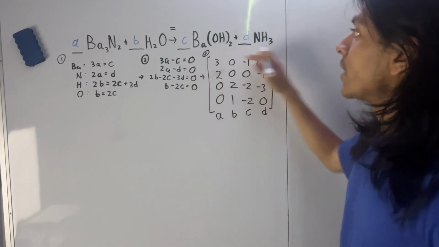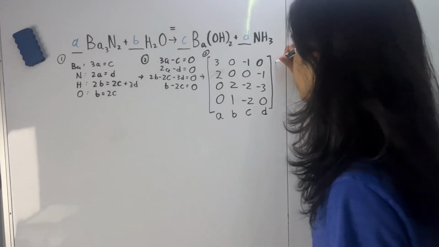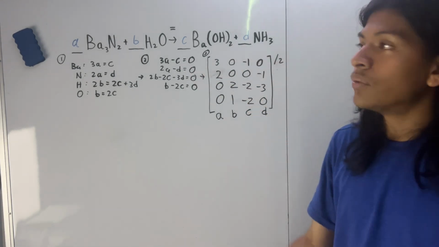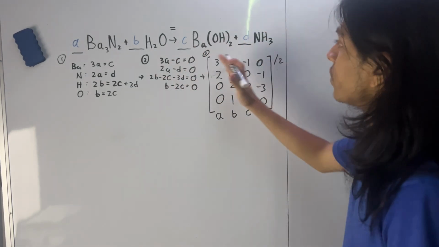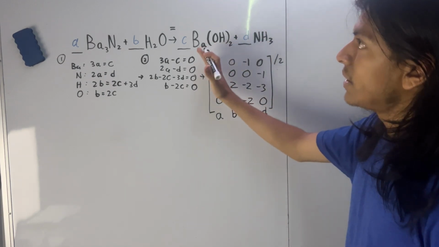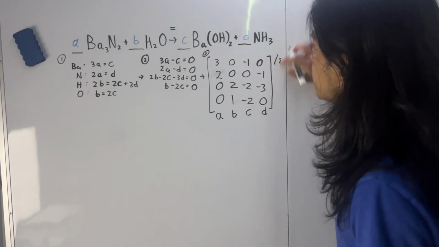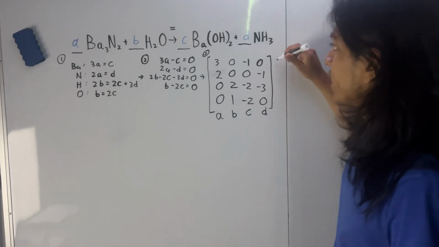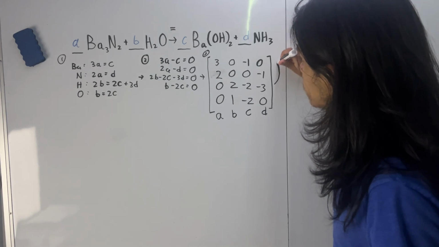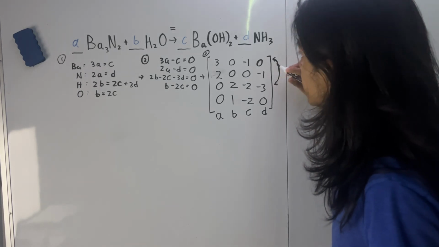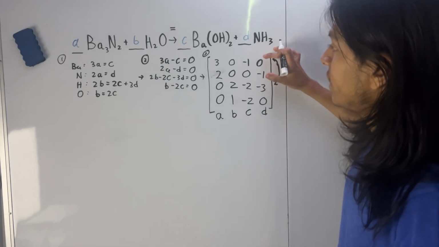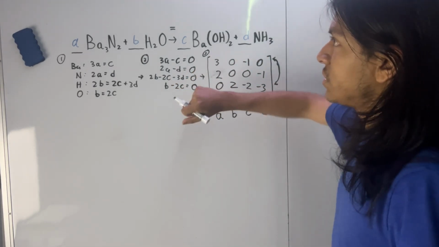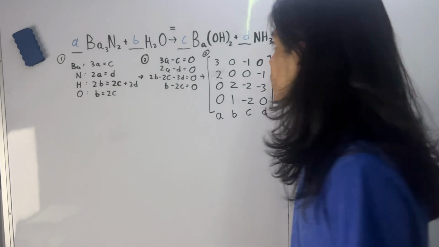If we want to, we can multiply a row by a scalar. So say if we wanted to divide row 2 by 2, we divide all these entries by 2. So that's another action that we can take. Or we could switch these. So if we wanted to, we're able to switch row 1 and row 2 just so that they're in a different position, pretty much.